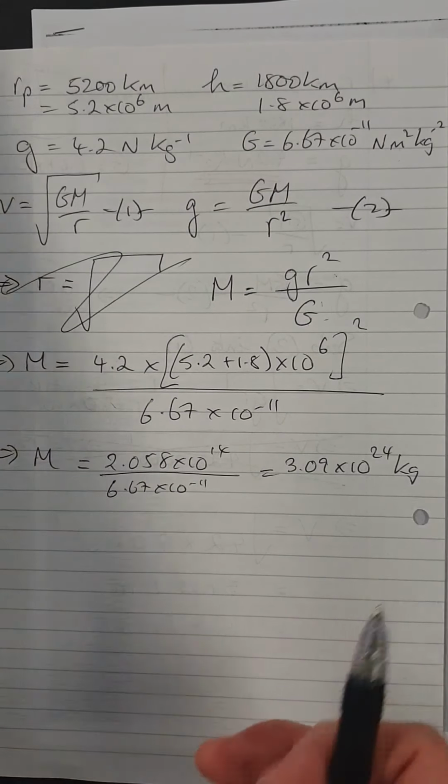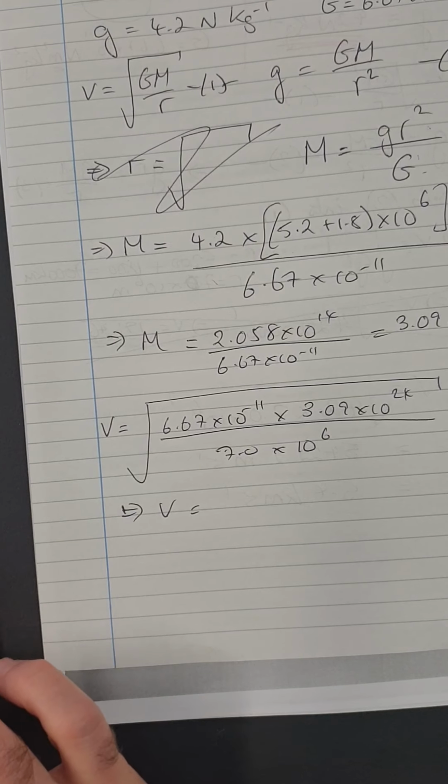I'm getting the square root of all that, which is the square root of 2.06 times 10 to the 14 divided by 7.0 by 10 to the 6, which gives me V is equal to, again, 5,426 meters seconds minus 1. Remember, we put it into meters, therefore the speed is equal to 5.4 kilometers seconds minus 1.